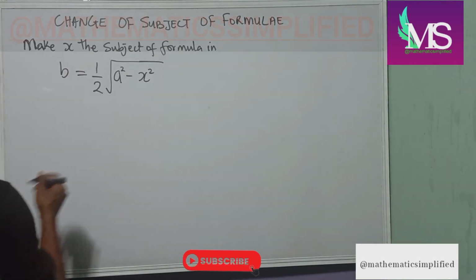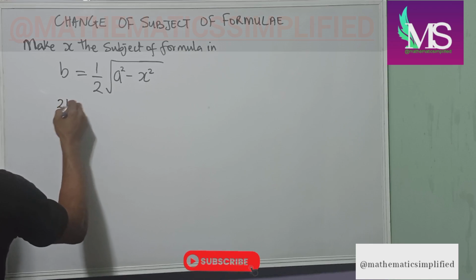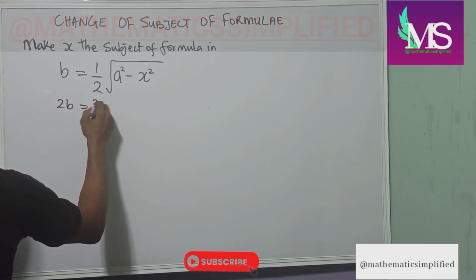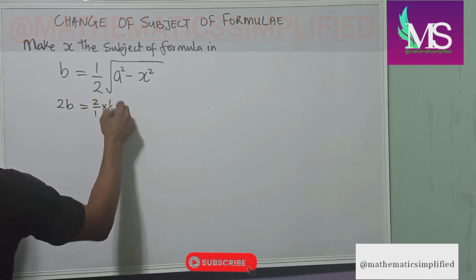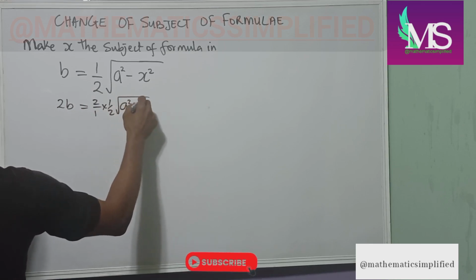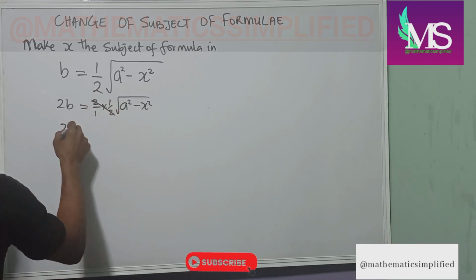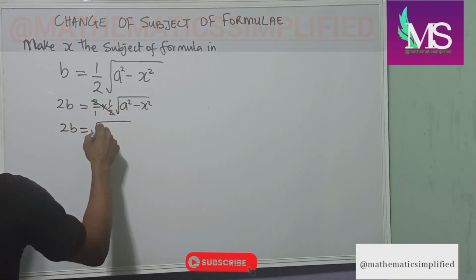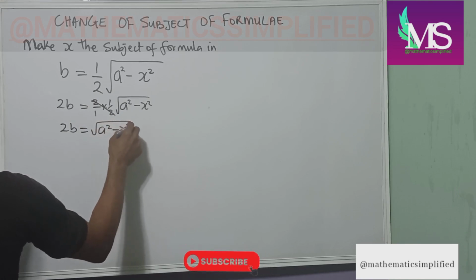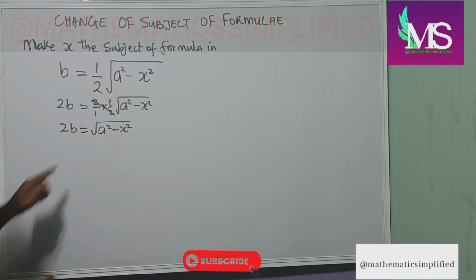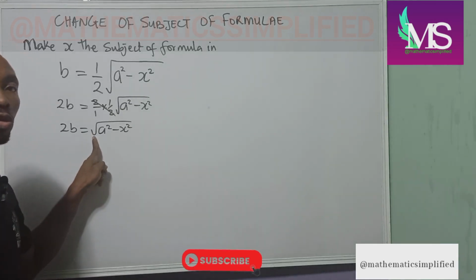So if we multiply both sides by 2, this becomes 2b equals 2 over 1 times 1 over 2 root a squared minus x squared. So this cancels out, leaving us with 2b equals root a squared minus x squared. So from here, we will now eliminate our root sign.